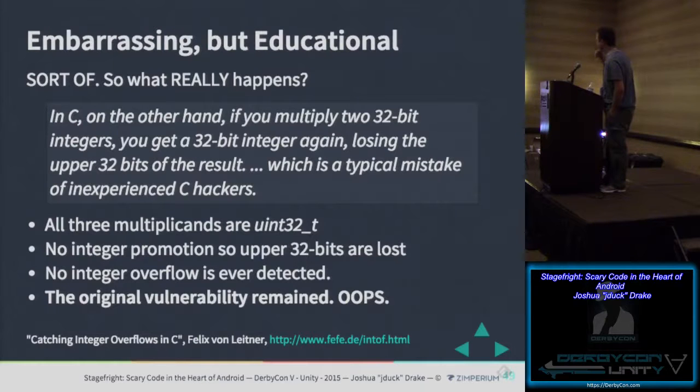And here's a quote from one of the wizards out there in C programming. He says, in C, if you multiply these 32-bit numbers, you get a 32-bit number again, and you lose the upper half anyway, which is exactly the same as what happens with an integer overflow. So that check actually did nothing at all.